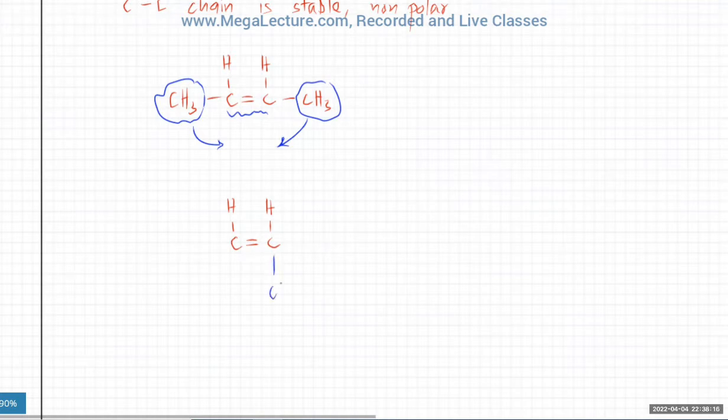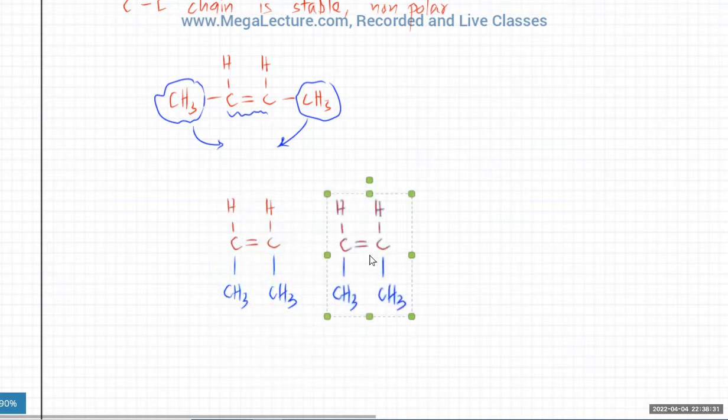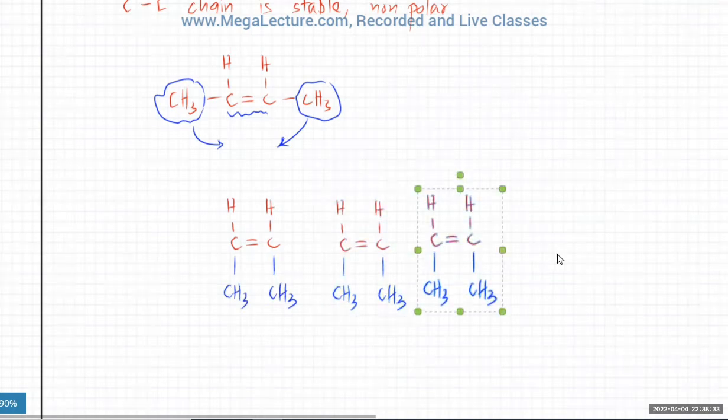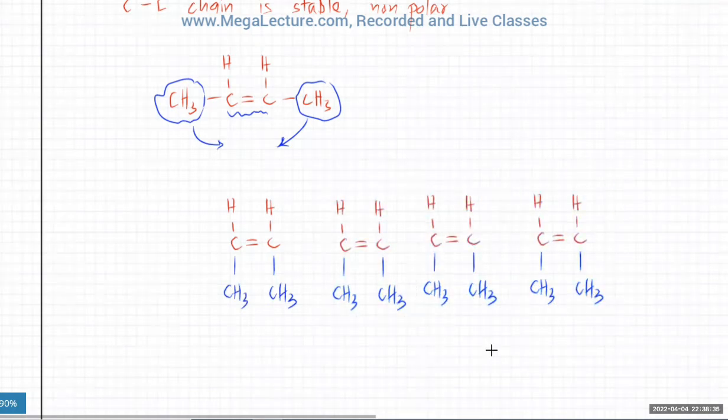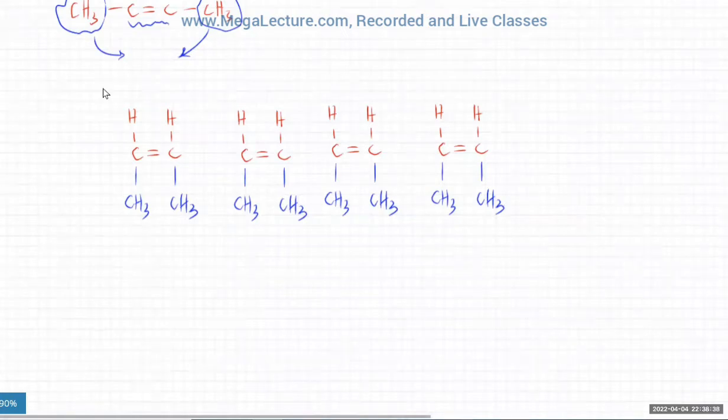So the CH3, instead of pointing to the right, is actually pointing downwards. Because in an addition polymer, it's a double bond that reacts with the other double bonds. They end up forming linkages. So you'll have lots of monomers, thousands of them, and they're all going to add up.